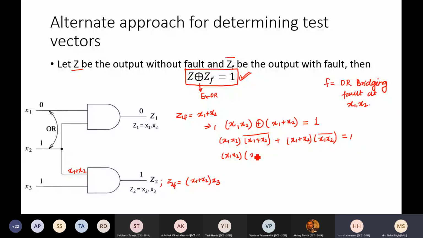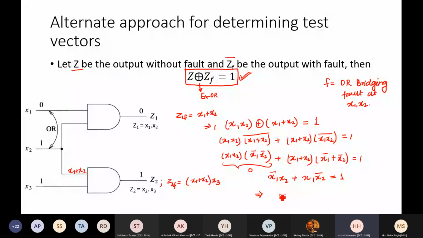This means what is my test pattern? X1 bar X2 plus X1 X2 bar will always be true, which means my test pattern to test the fault F will be 0 1, X1 is 0, X2 is 1 for X1 X2, and X1 is 1, X2 is 0.